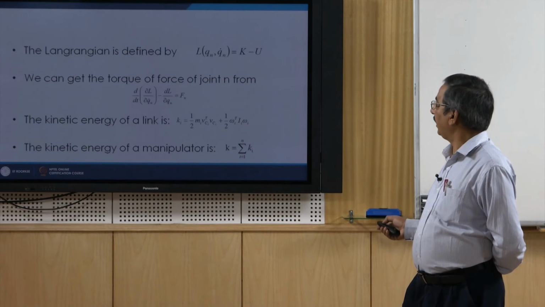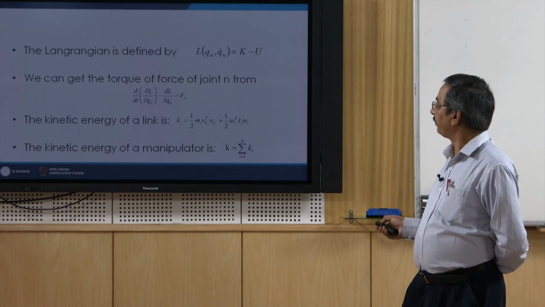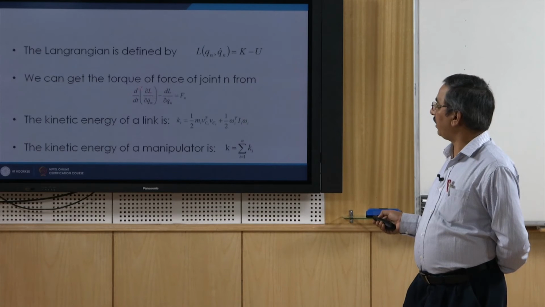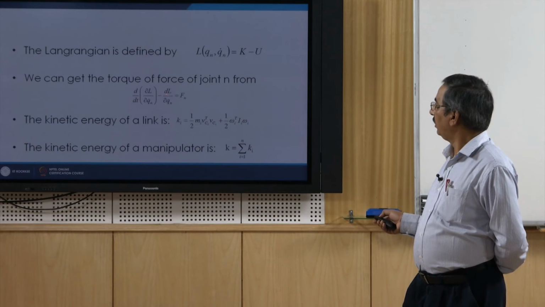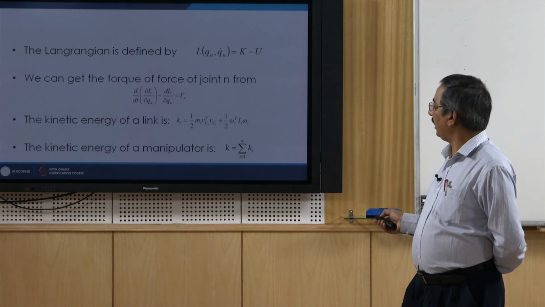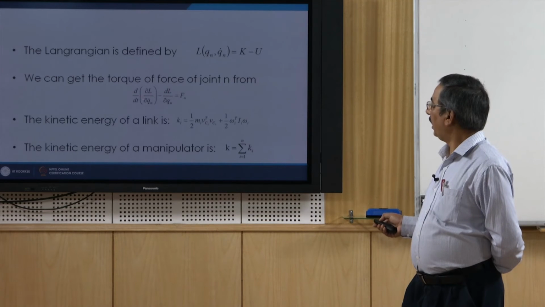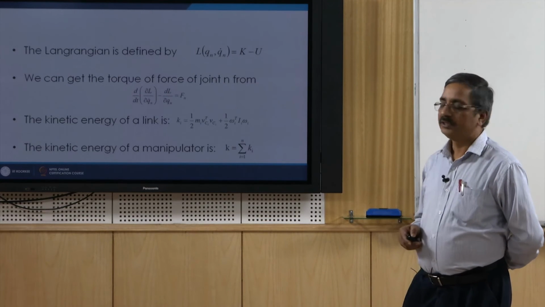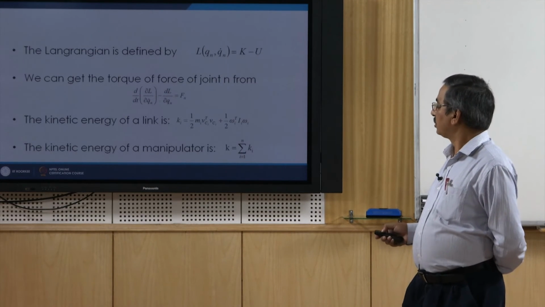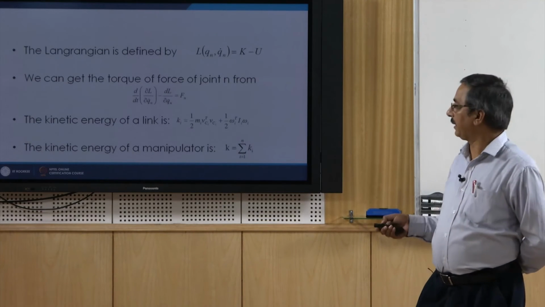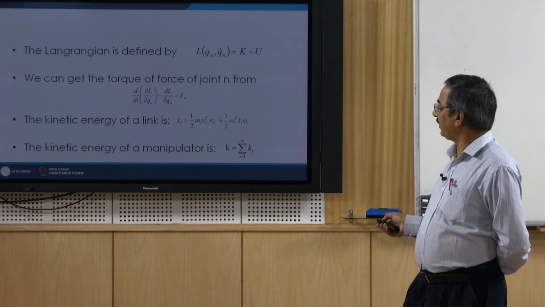We can get the torque or force of joint n from this equation: d by dt of del L by del q n dot, minus del L by del q n, is equal to f n, where q n is the generalized coordinate. If we talk about the manipulator, we can find the kinetic energy of the link.